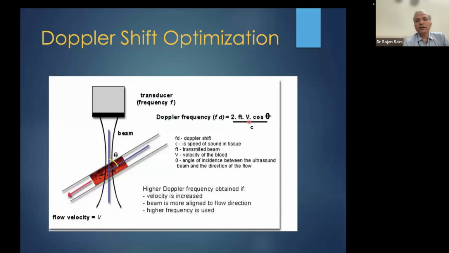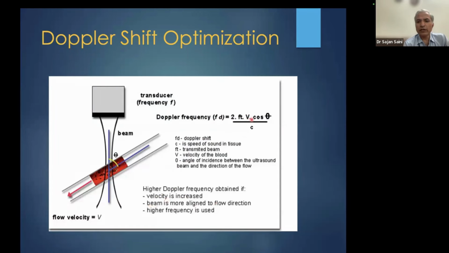Okay. So if we have to improve the Doppler frequency or the Doppler shift, there are various ways. It is directly proportional to the velocity, so if we increase the velocity, we can increase the Doppler shift, but the velocity is constant, so that is null and void.